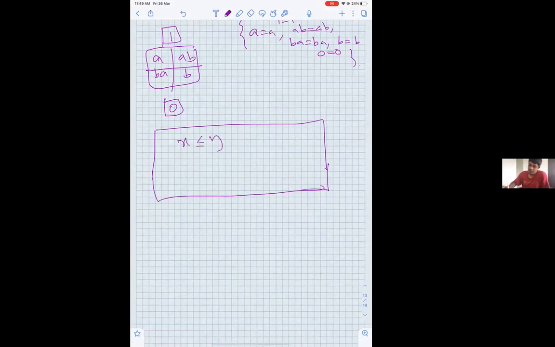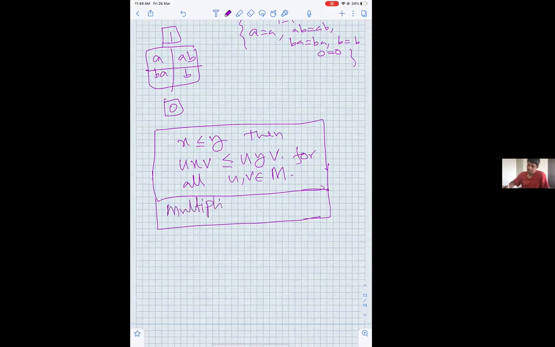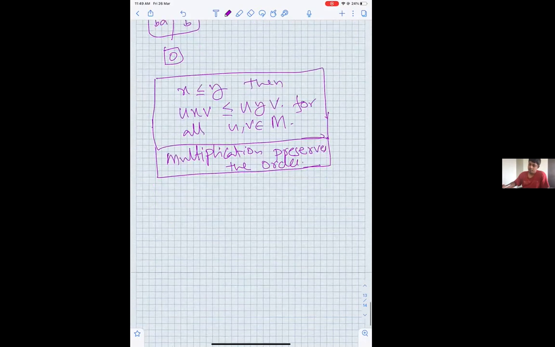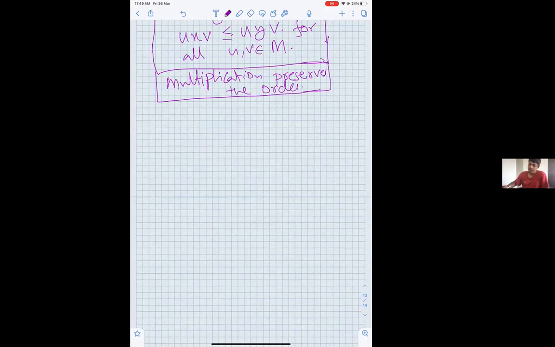If x is less than or equal to y, then u x v is less than or equal to u y v for all u, v in M. That means M multiplication preserves order. Multiplication preserves order.